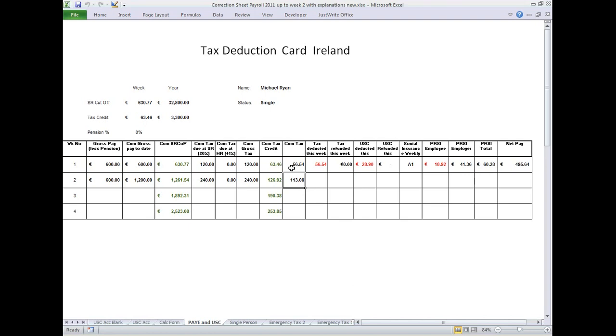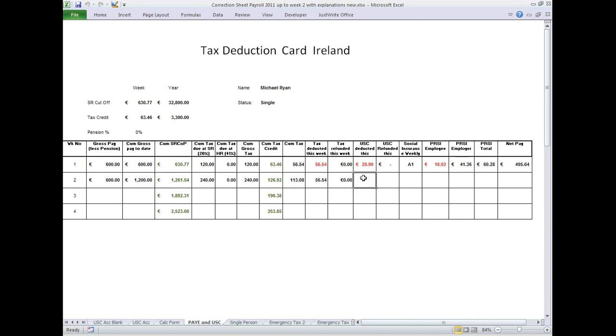You're going to pay the taxman what he is due every week. So there, that is how much the week before was due, and you have that amount paid. So this week you'll owe him a total of €113.08, but you've already paid him that amount. So it's that less that is how much you are going to owe him this week, and that is 56.54. You're not going to get any refund this week, because you've paid him tax.